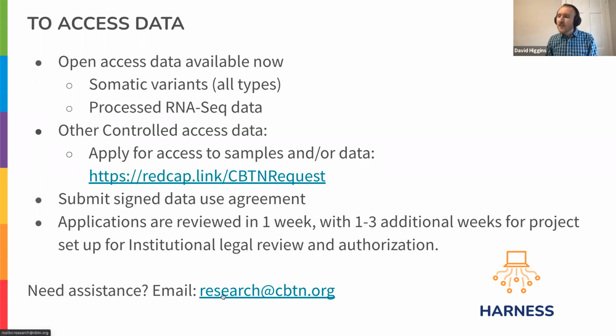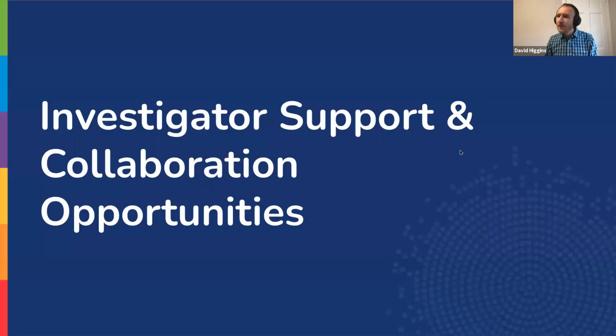And so if you have any questions or need assistance at any step of the process, from how do I start to where is my application, you can always reach out to us at research@cbtn.org. And so that inbox goes to me and a handful of other great folks who are all gonna help review it and review your request.